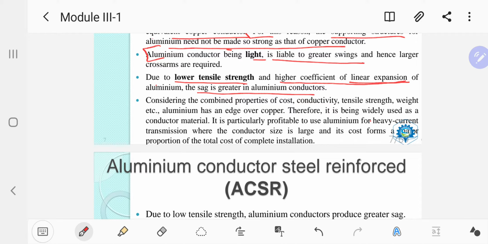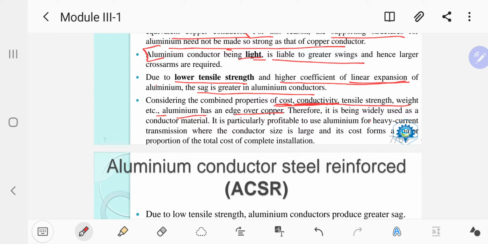Then next comes, okay, so these are the properties, and due to these combined properties of cost, conductivity, tensile strength, weight, etc., aluminium is better than copper for some reasons, like the support strength should be lesser. Why? Because it is light. Similarly, cost is less, and conductivity is better, though not as good as that of copper.